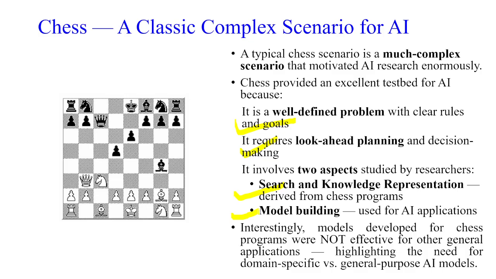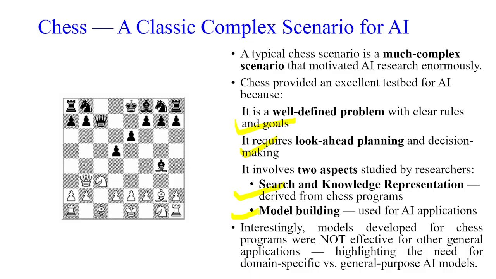Every application is different. A model that plays chess brilliantly cannot be useful for medical diagnosis or a financial application. This highlighted how AI applications are going to be distinguished.